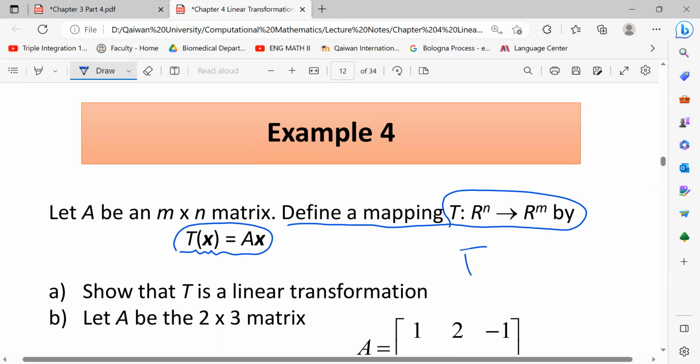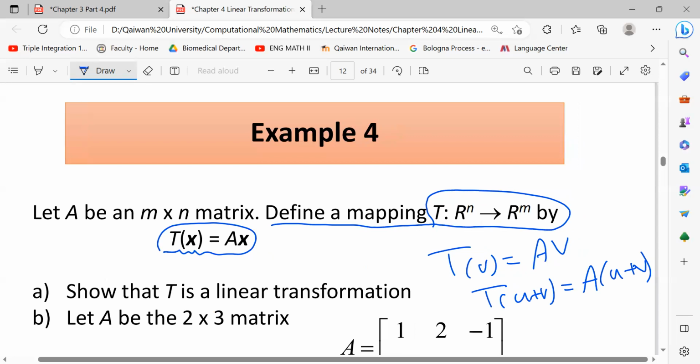Let's take T of V. It equals A times V. A is the given matrix, okay? So how about T of U plus V? It equals A times U plus V. We always multiply matrix A to this vector here. This is the definition of the mapping.